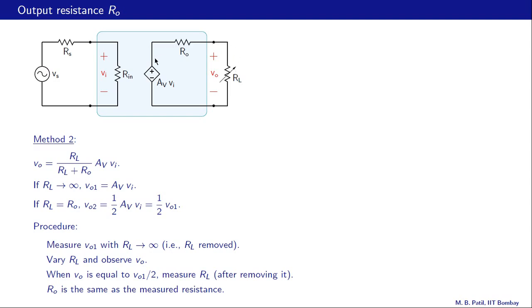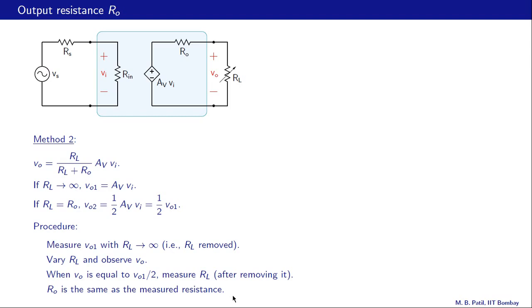Otherwise, we don't know what exactly is being measured. And then RO is the same as the measured resistance RL. And this procedure is indeed useful in the lab when we are given an amplifier and we want to measure the output resistance.